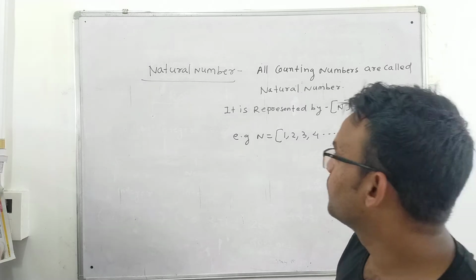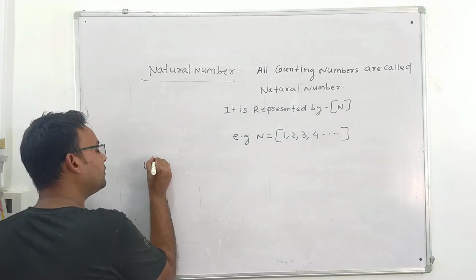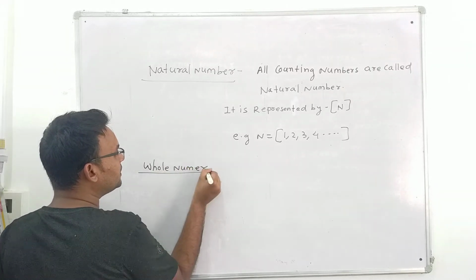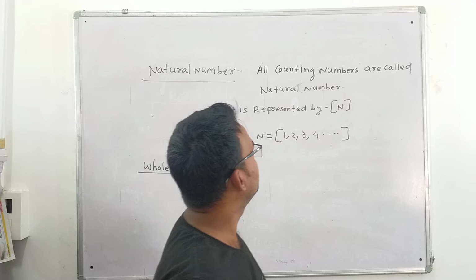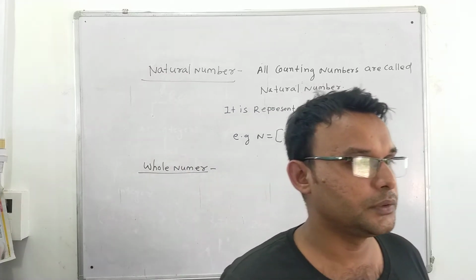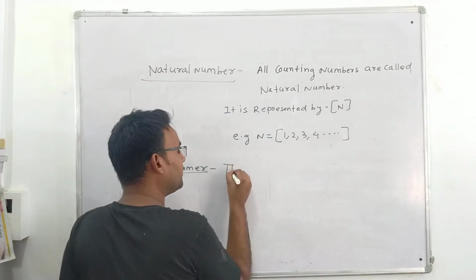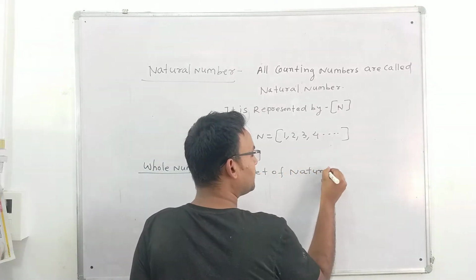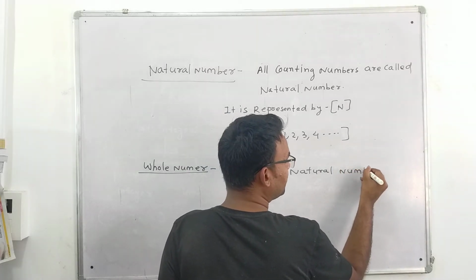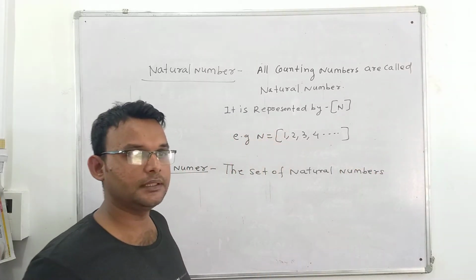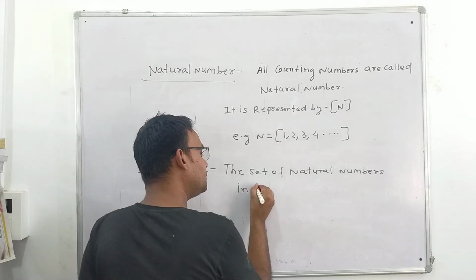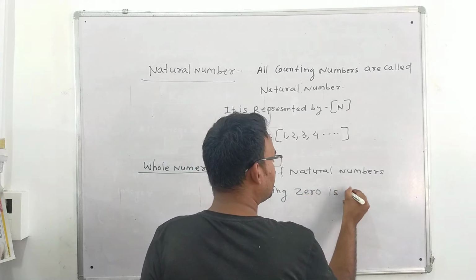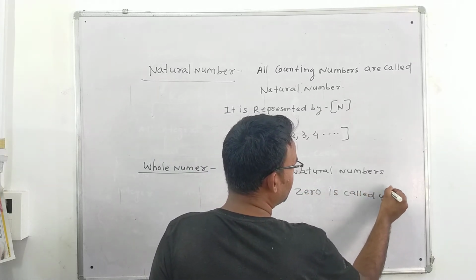Now next one is our whole number. The set of natural numbers including 0 is called a whole number.